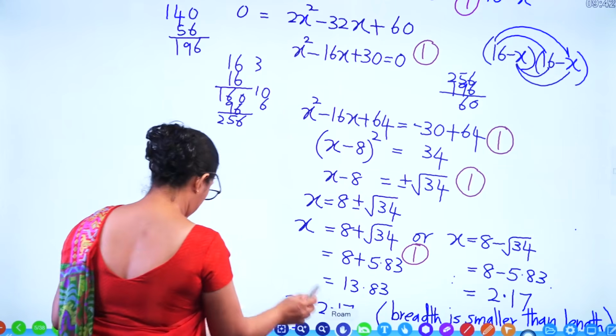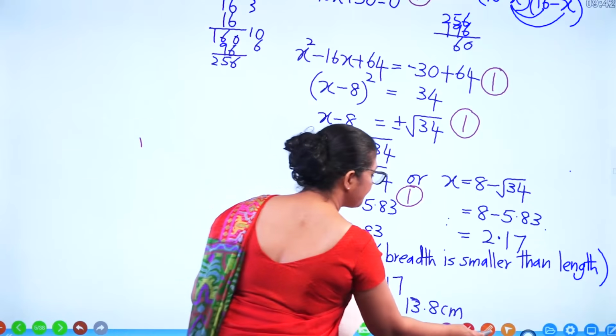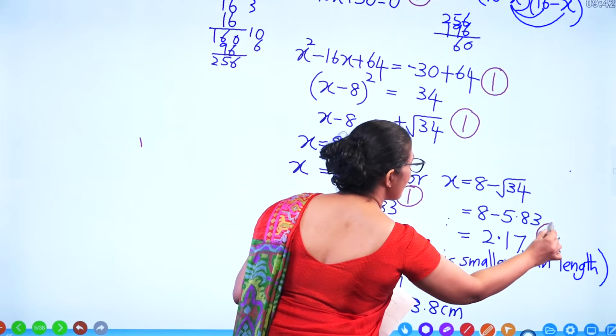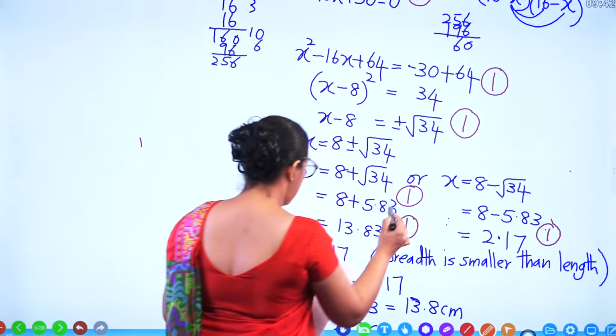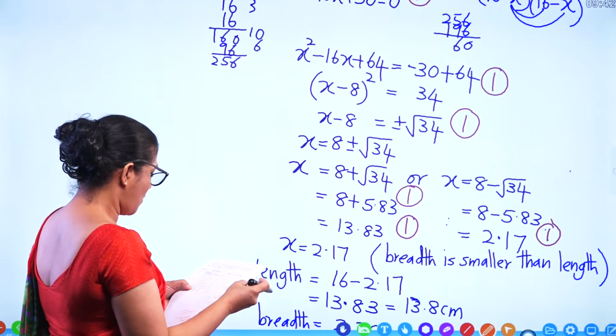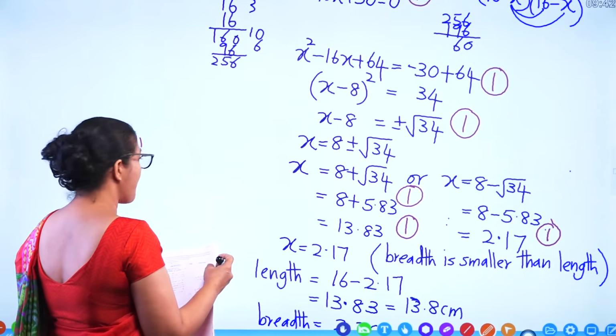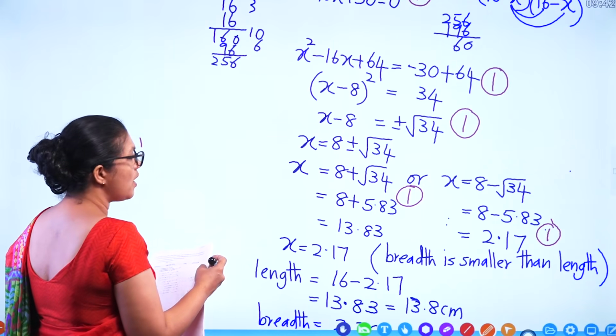and writing 2.17 and 13.83, 1 mark. So 1 mark there, not 2 marks.